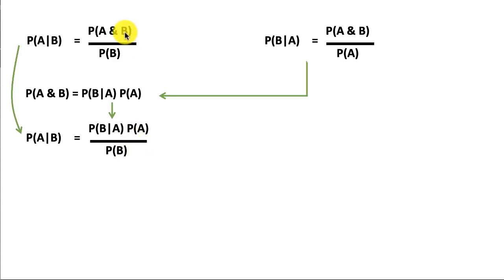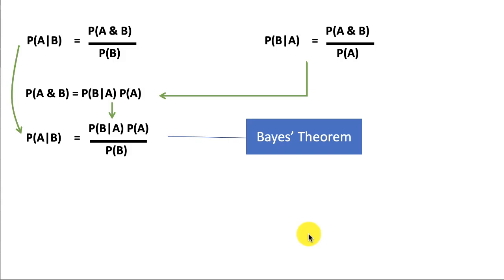That is because all we did was we replaced A and B by this because this is A and B. Okay, and this is one way of saying it, and effectively this is Bayes' theorem.